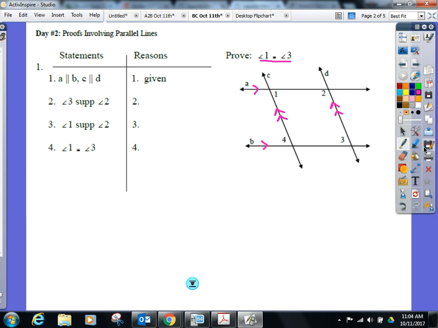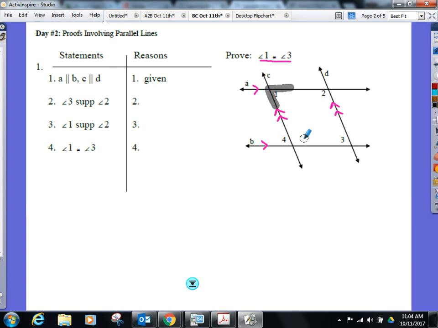Here is why. I'm just going to show you up here. If I highlight angle 1 and angle 3, you could tell me they're on the same set of parallel lines. Everyone agree? But what's the problem? If these are my parallel lines, what's this acting as for angle 3? Transversal.